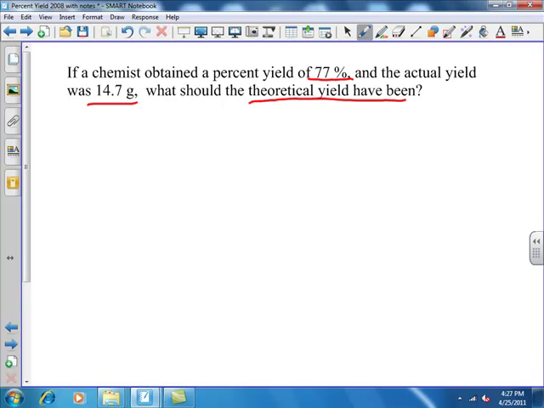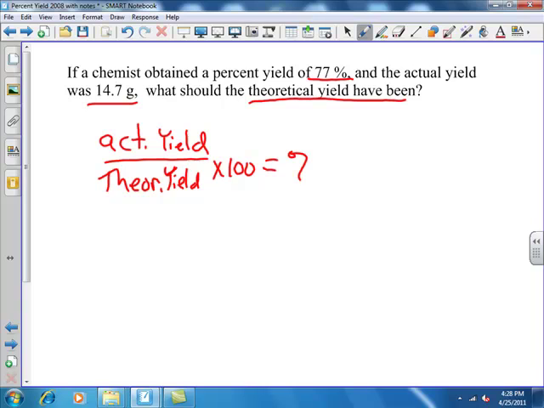So what we want to figure out is what the theoretical yield should have been. Going back to our equation, we have actual yield divided by theoretical yield times 100 equals our percent.